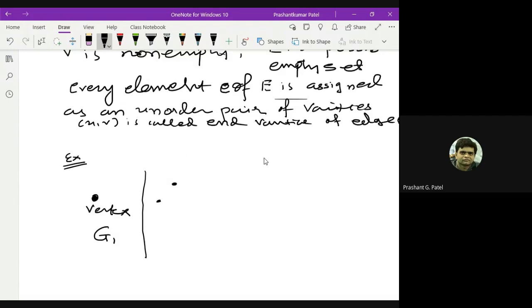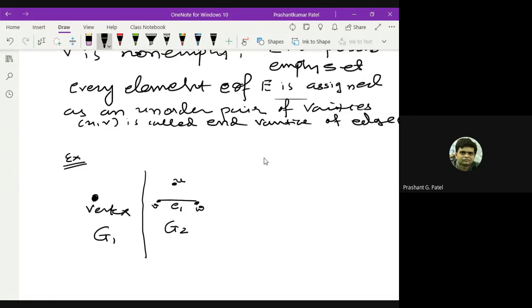If we have 3 vertices and one edge, this is also a graph. So generally vertices are denoted as u, v, w, small letters. And this is the edge E1. So this is, I can say, a graph G2 altogether.